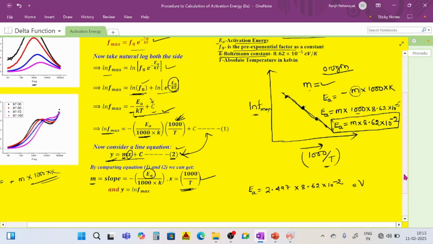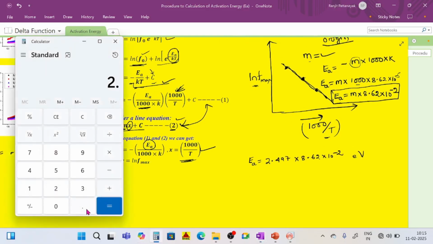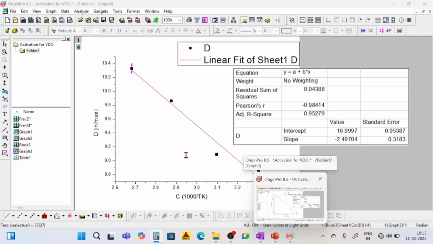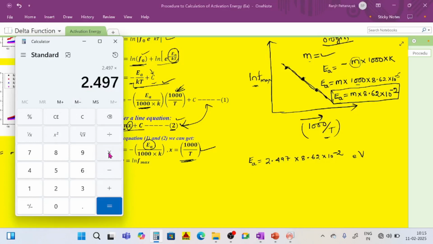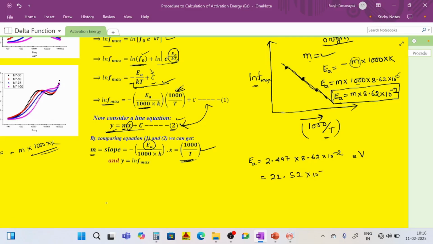Now we are going to calculate its value. 2.497, yes, 497, into 8.62, we found the value is 21.524. You just consider 21.52 into 10 to the power minus 2.